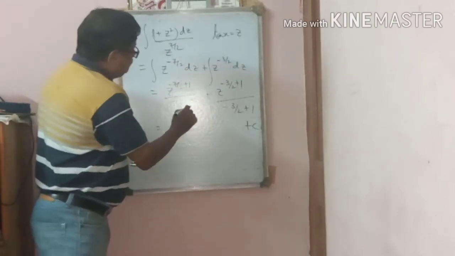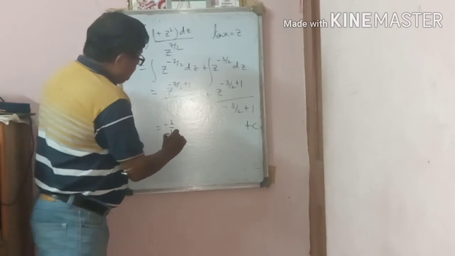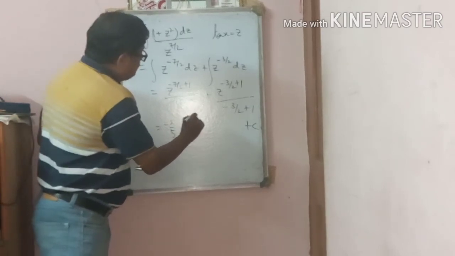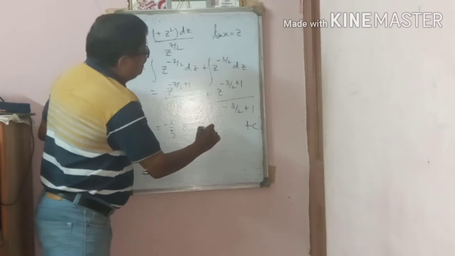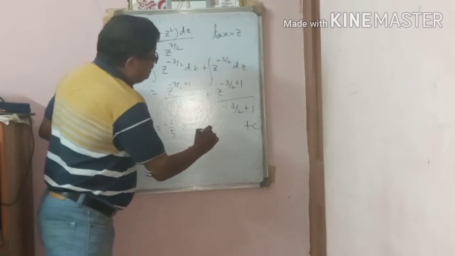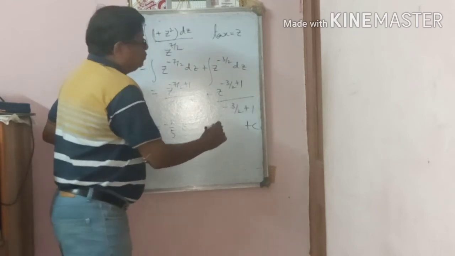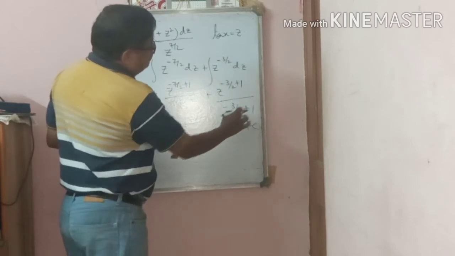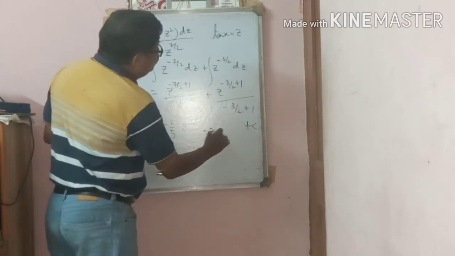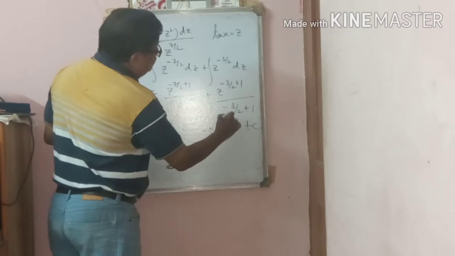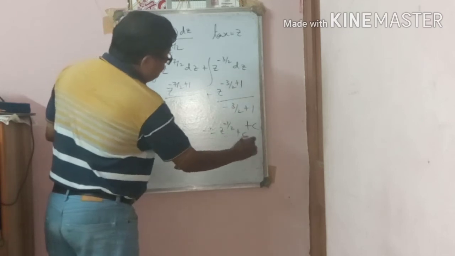So it will be minus 2 by 5 z to the power minus 5 by 2, and here minus 3 plus 2 is minus half, that is minus 2 z to the power minus half, plus constant c.